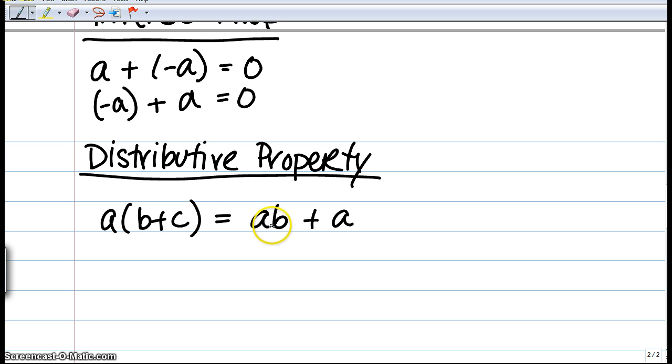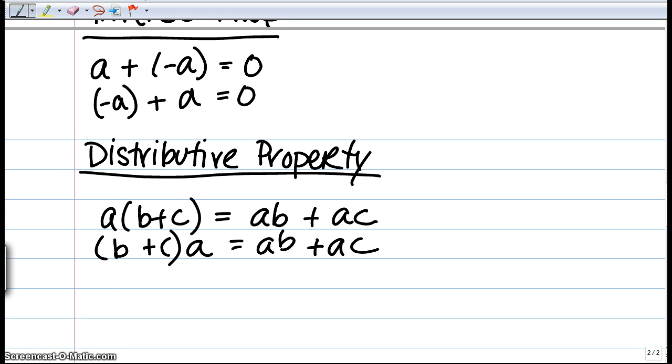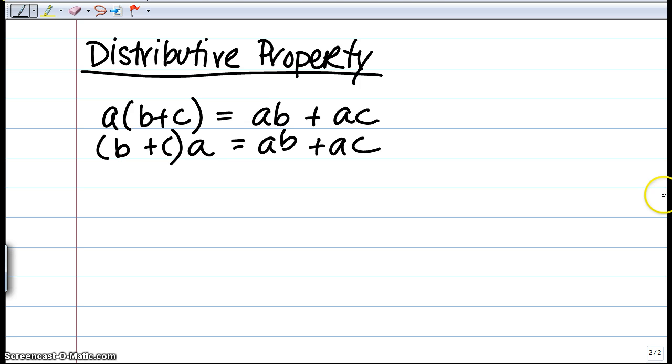A times B, which is AB, A times C, which is AC. Or, even if it was written like this, you would have A times B, A times C. So AB plus AC.